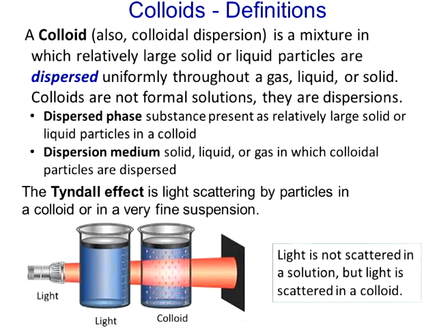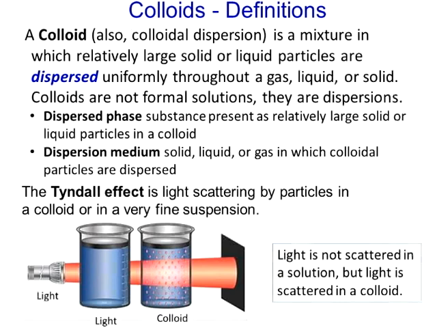One of the ways to determine whether it's a solution or a colloid is by shining a light through the material. If light is scattered, it is a colloid. If it's not, it's a solution. That effect is called the Tyndall effect.